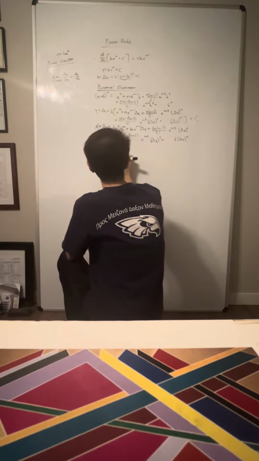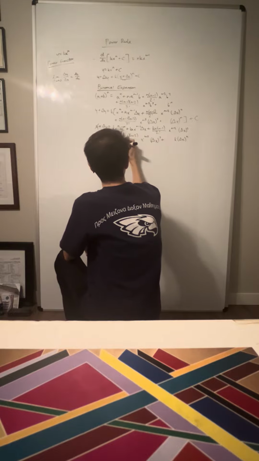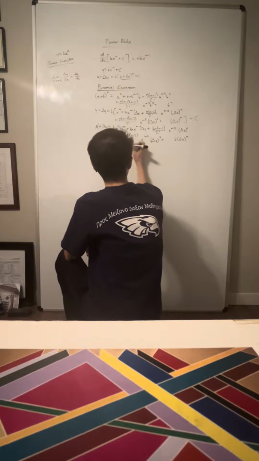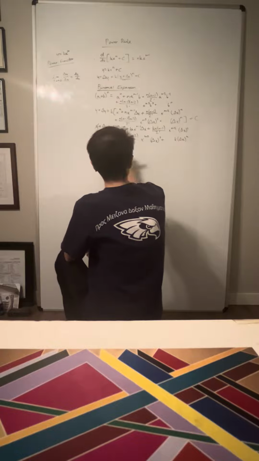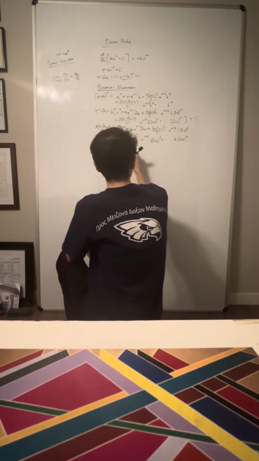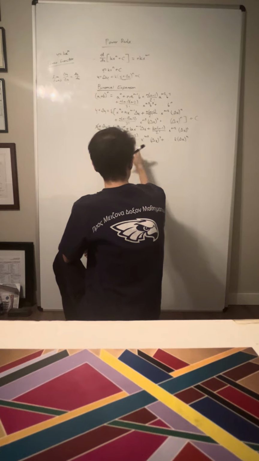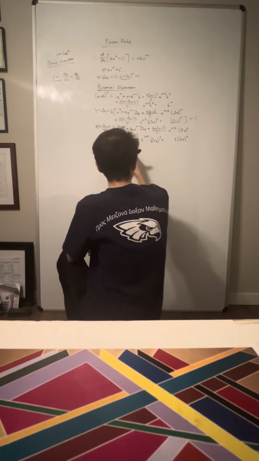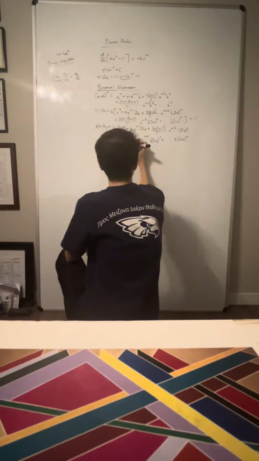So delta y over delta x equals kn x to the n minus 1, and we're dividing by delta x here. So delta x divided by delta x is 1. So we're going to have 1 times that, and that goes away.